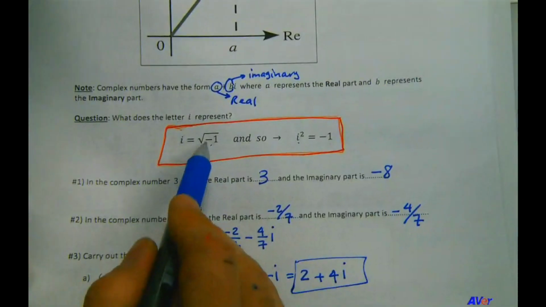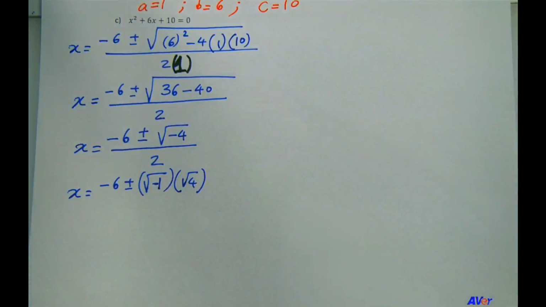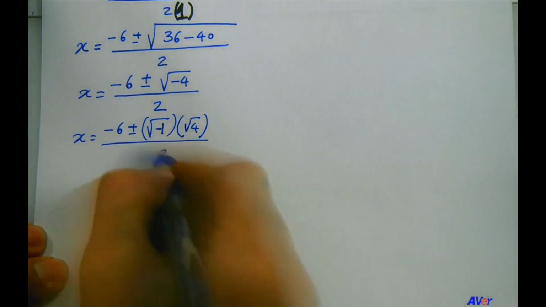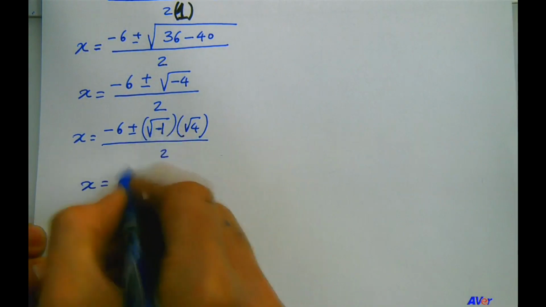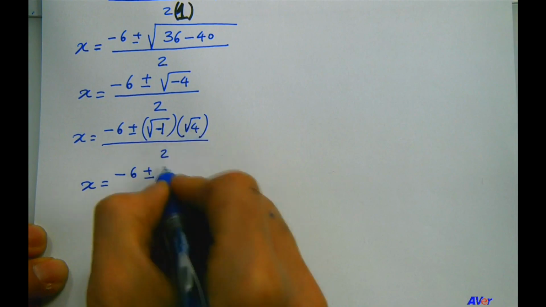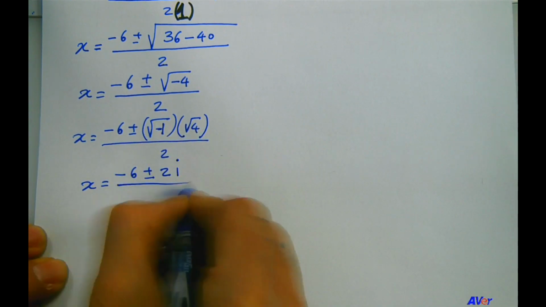Right there, square root of negative 1 is equal to i, and i squared equals negative 1. Over 2. So let's simplify this a little more. We get minus 6 plus or minus square root of 4 is 2, and square root of negative 1 is i. So plus or minus 2i over 2.